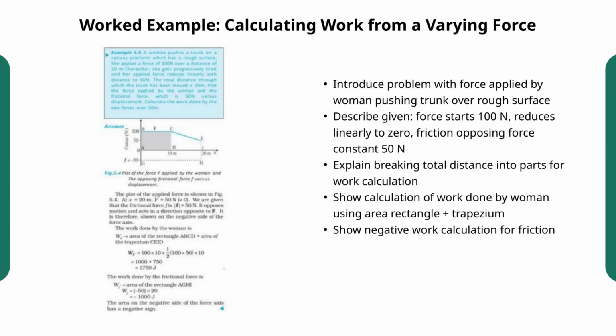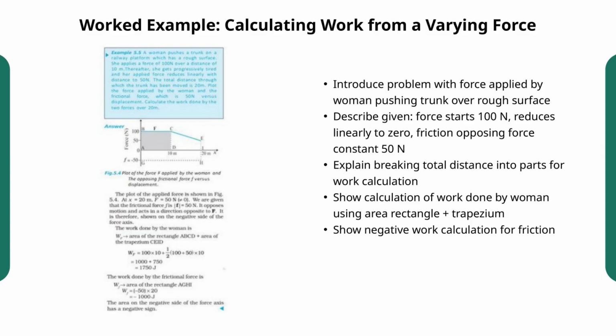To find the work done by the woman, we look at the force versus displacement graph. The area under her force curve splits into two shapes: a rectangle for the constant force over 10 meters, and a triangle for the decreasing force over the next 10 meters.